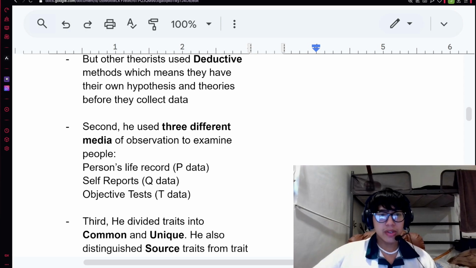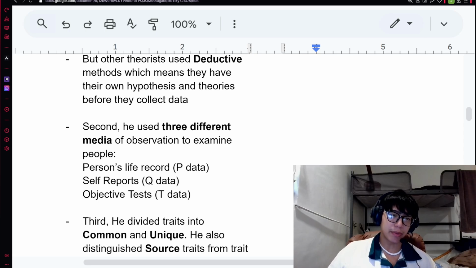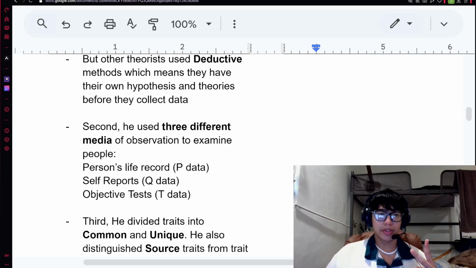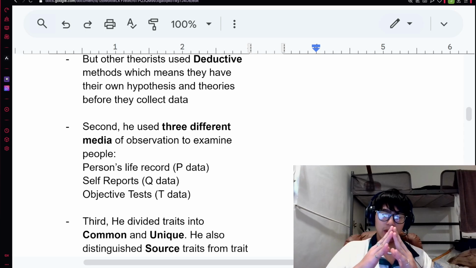The second, he used three different media of observation to examine people. The three are the person's life record, the person's self-reports, and objective tests. So L data, Q data, and T data. The person's life record basically means an objective view on their past life, actually looking through records, seeing the actual, undeniable data.